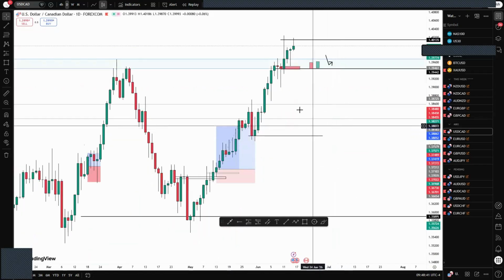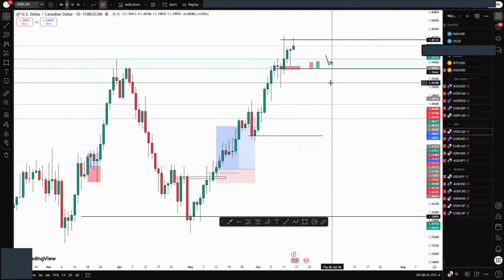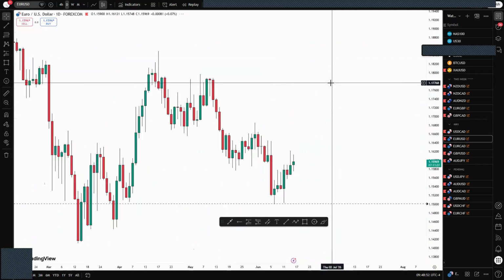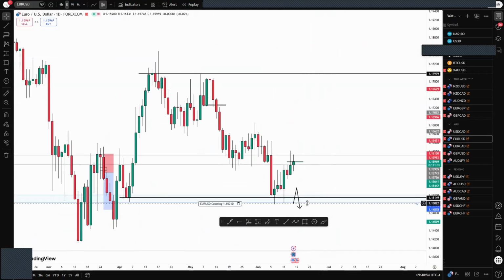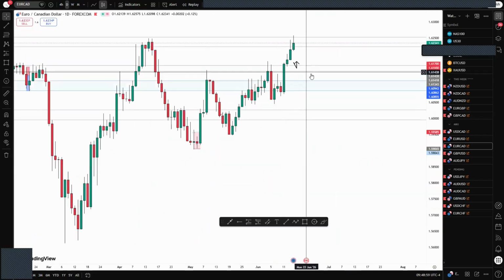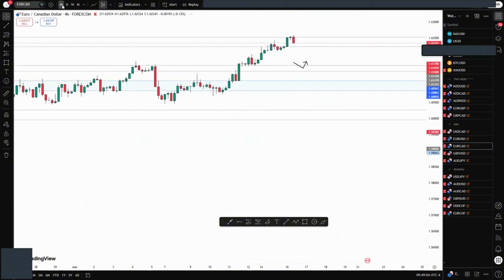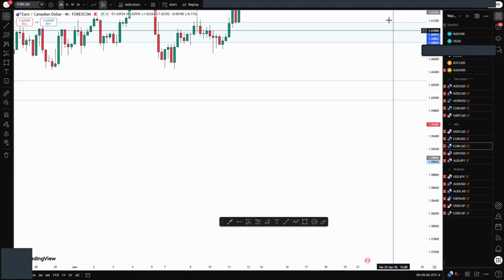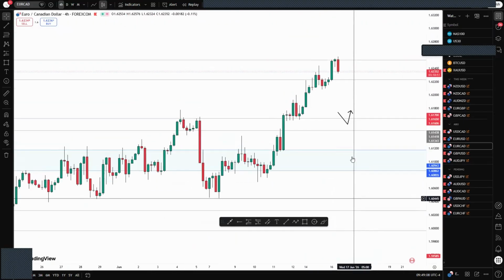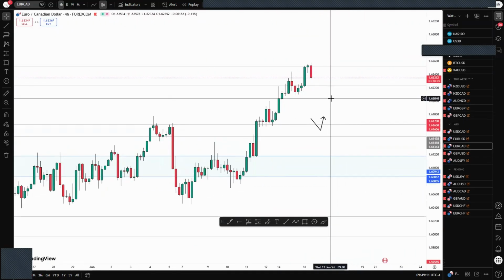USD CAD, need price to retest back here. Then we can buy. Euro USD, need price to break below. Euro CAD, we need price to retest. But you can see by the look of things that price is not interested in retesting anytime soon.